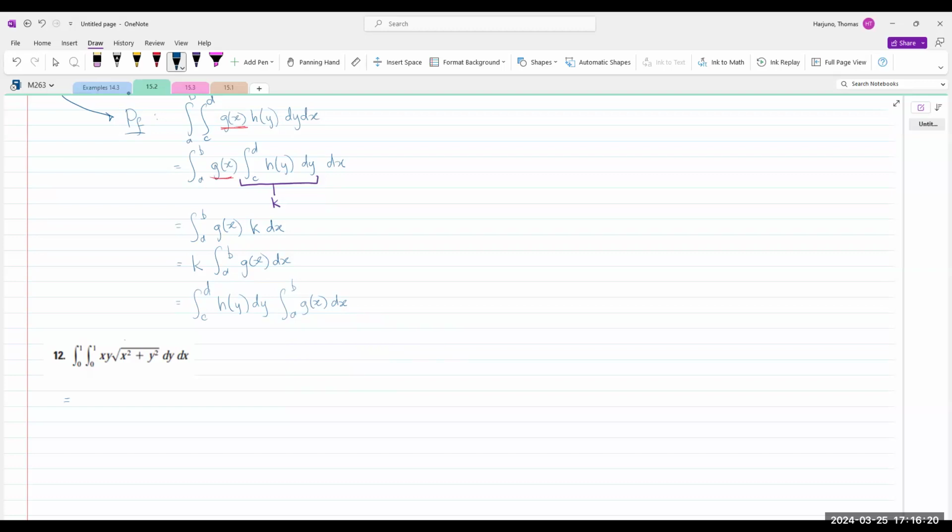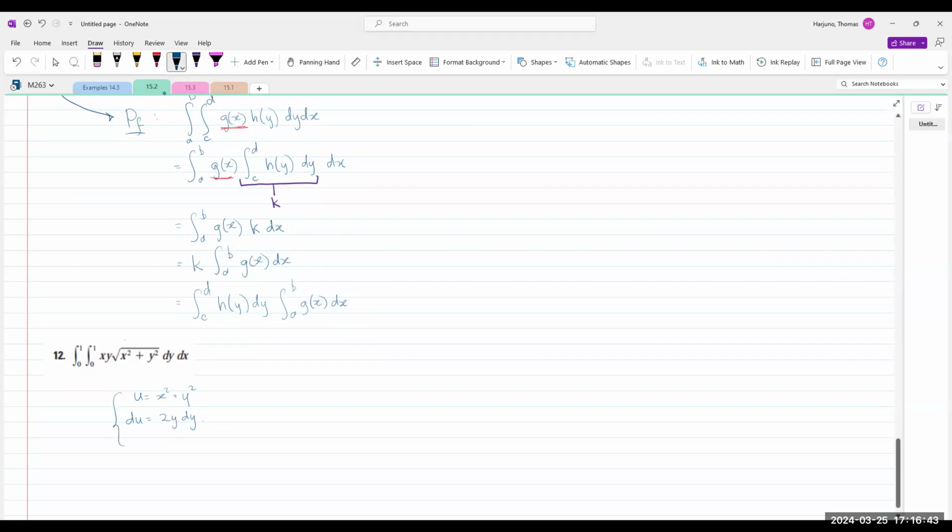But when we integrate this, let's see. I integrate with respect to y first. So let's do u substitution. Let u equal x squared plus y squared. Then du with respect to y will be 2y dy, right?